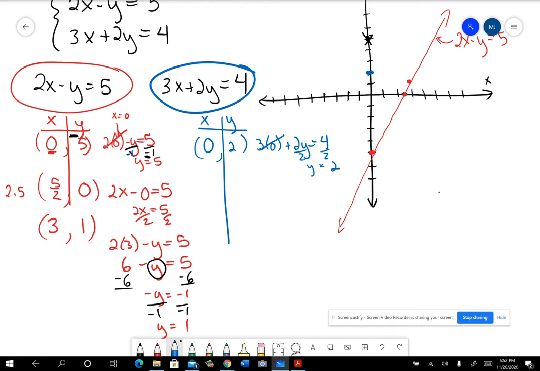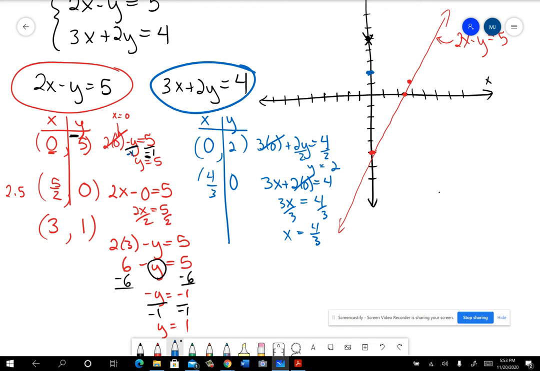Okay. I don't like this one so much. If I plug a 0 in for the y, that winds up being 3x plus 2 times 0 equaling 4. So 3x equals 4. And if you divide by 3, you wind up getting 4/3 for the x.